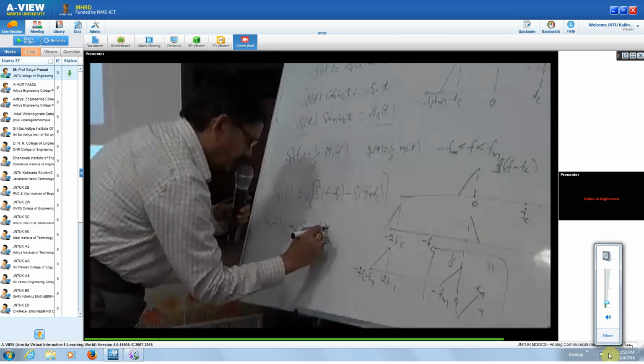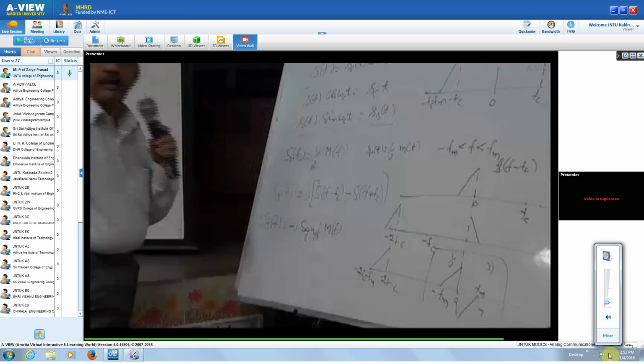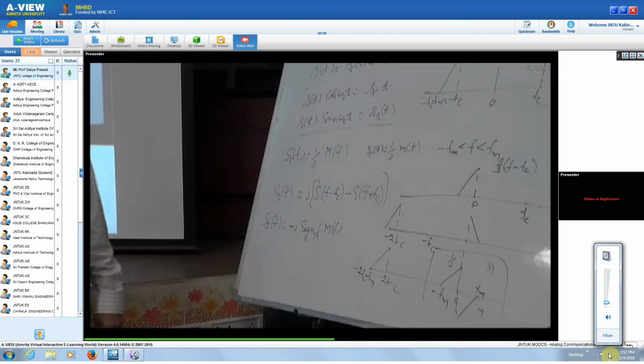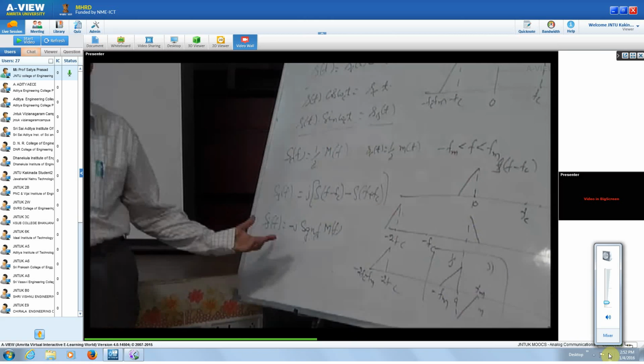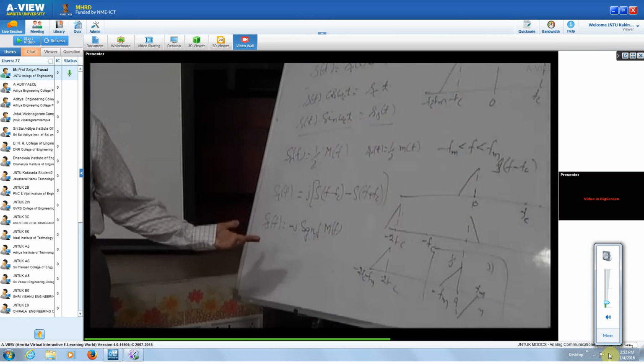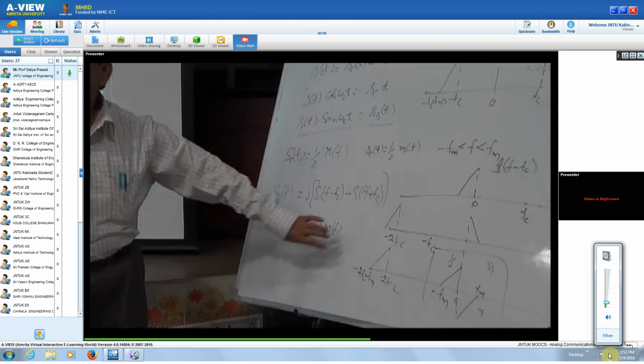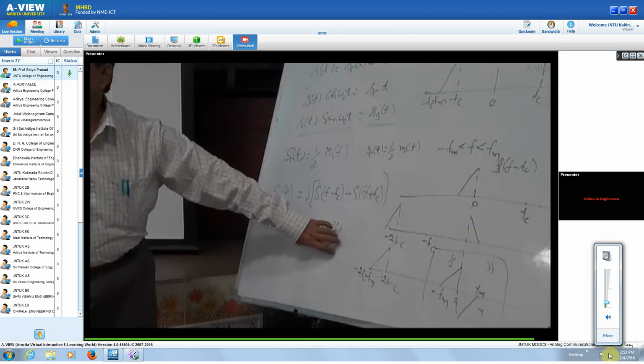Therefore, this is going to be our M of f. And what is this? Hilbert transform of your m of t, because minus j signum function times M of f.